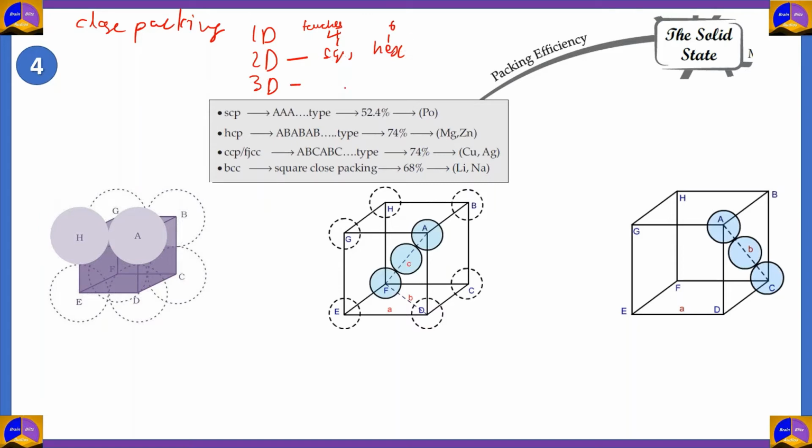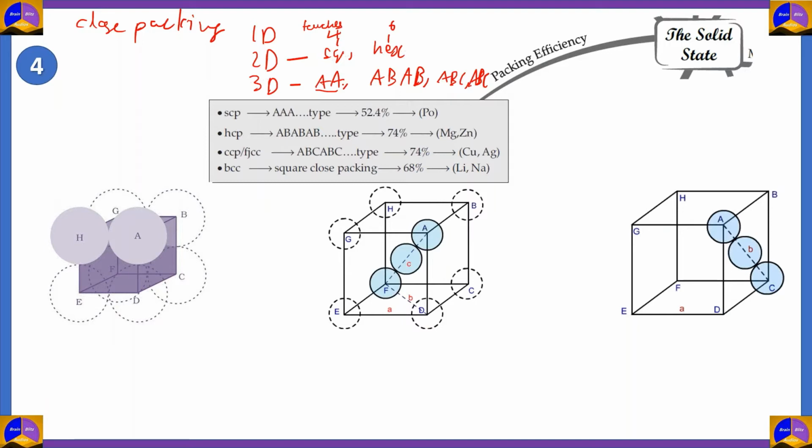When it comes to 3 dimensions, we have classified them based on layers: AA, ABAB, and ABC, ABC. In AA, the layers on the top and the bottom are the same, while in ABAB, the second layer tries to occupy the voids left by the first layer, and in ABC, the third layer will try to fill the voids which are occupied by the second layer.